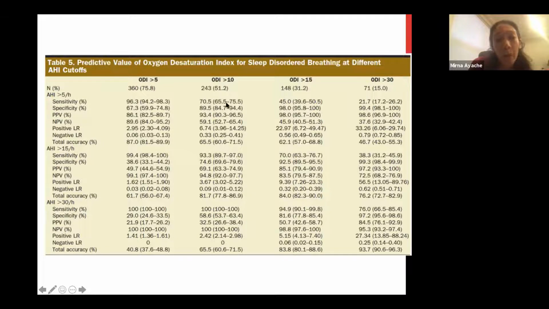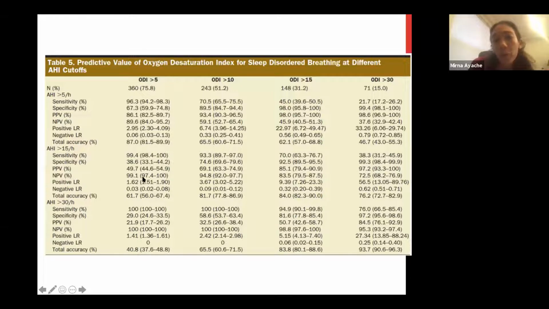And that's how people figure out what's a good cutoff for predicting something, is to try to find the highest accuracy. For ODI, the highest accuracy for predicting an AHI more than 5 would be ODI more than 5, AHI more than 15 would be 15 also, and AHI more than 30 would be 30.